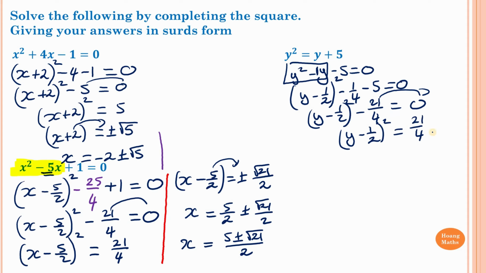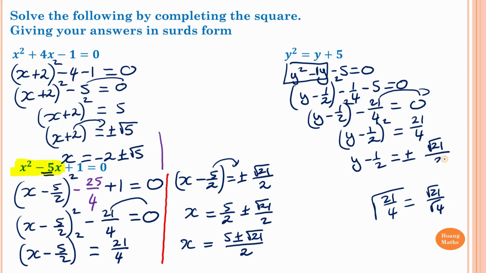Then I square root both sides. So this means that y minus a half is equal to the square root of 21 over 4. Of course, you have to put a plus or minus. So remember, square root of 21 over 4 is equal to square root of 21 over square root of 4. Square root of 21, I can't do much, so I just write this down.